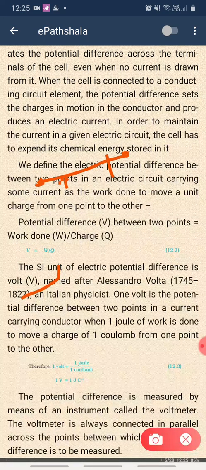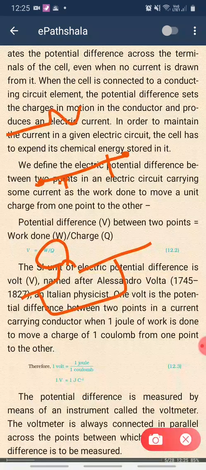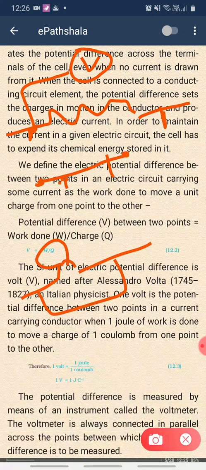Let's say a bulb and a resistance are also there, and I want to measure the potential difference across them. How are we going to connect the voltmeter? Let's say this is my instrument, the voltmeter, which I call V, in a circle. I will connect it like this. It will always be connected parallel to the circuit.